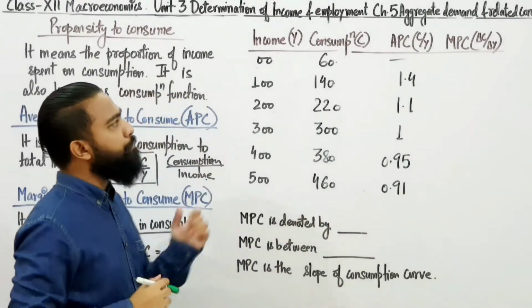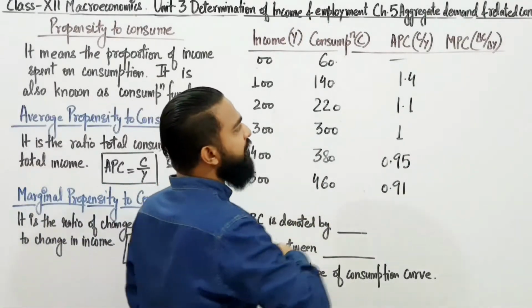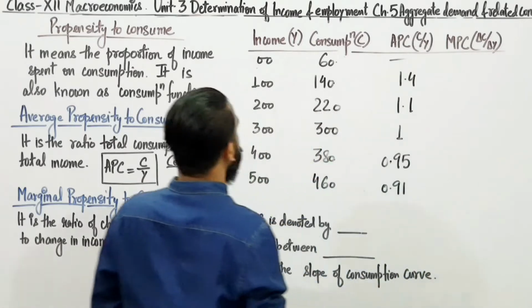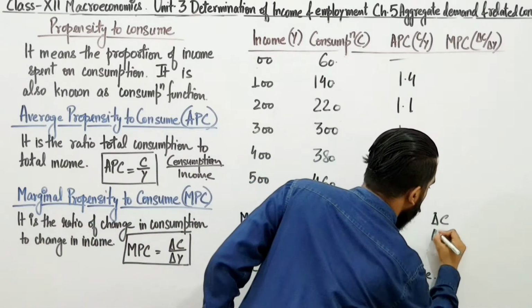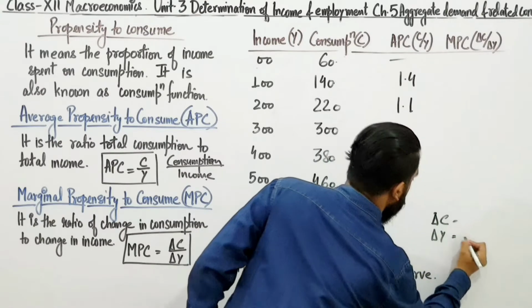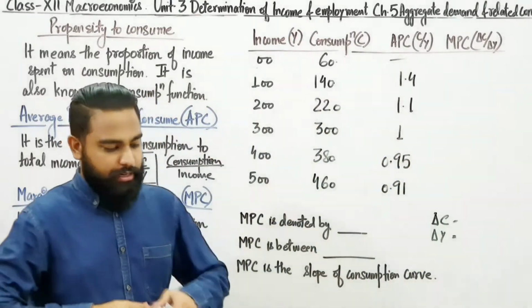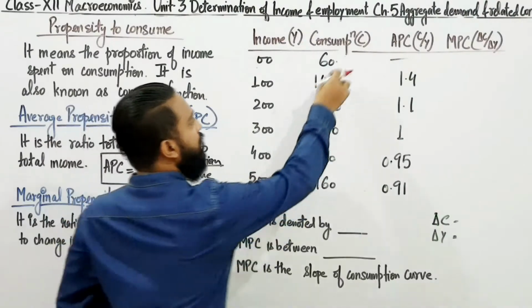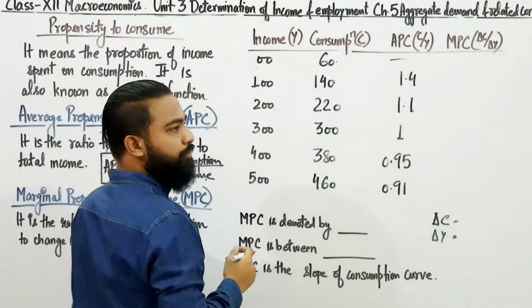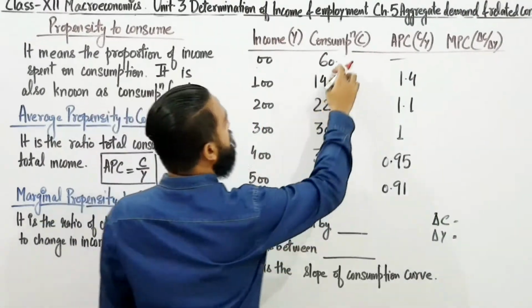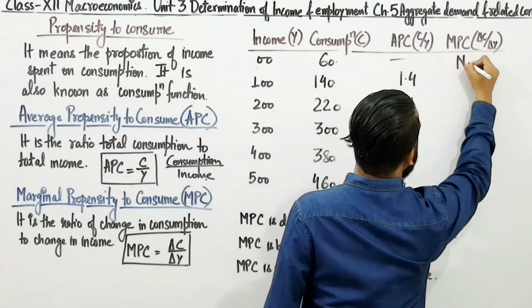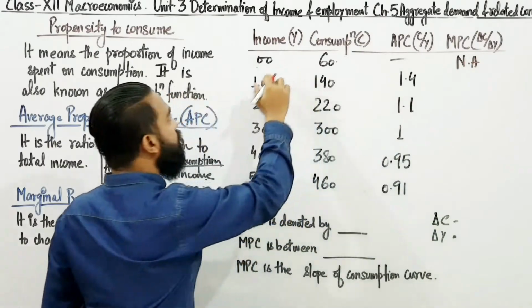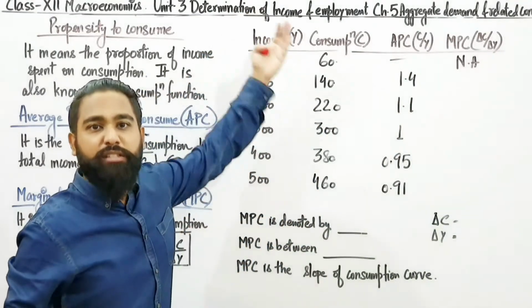Now, to calculate MPC, you need the value of delta C and the value of delta Y. Let's calculate the value of delta C first. When we talk about change, the first unit is not applicable, because you don't know the level below zero.